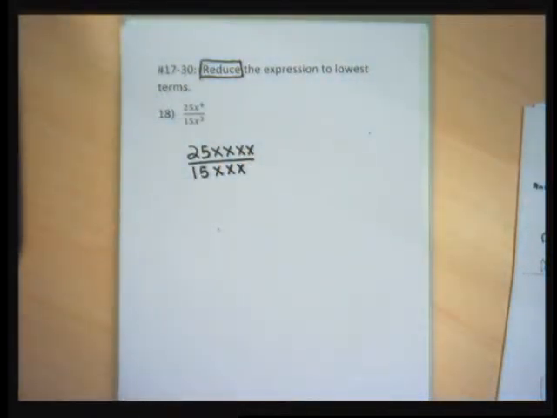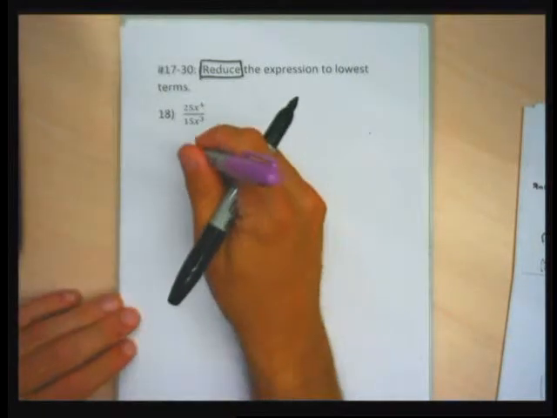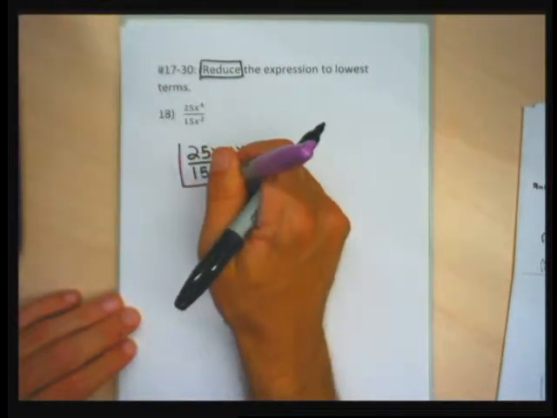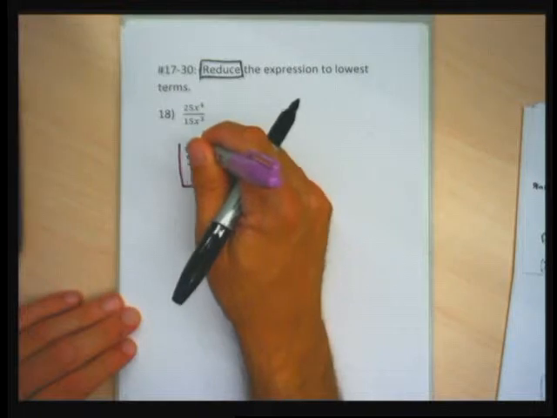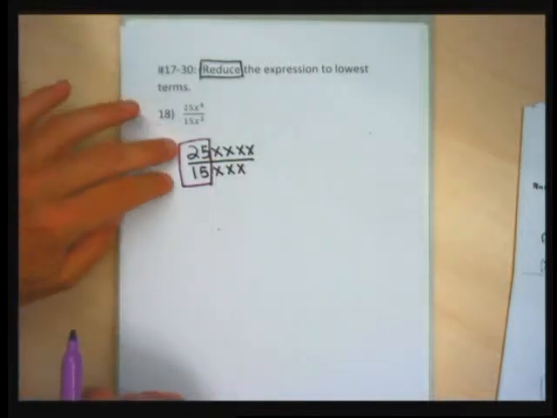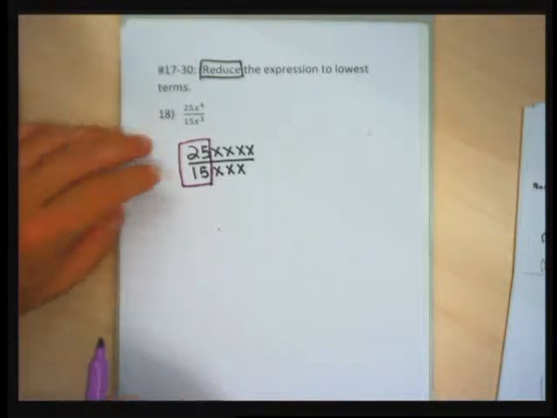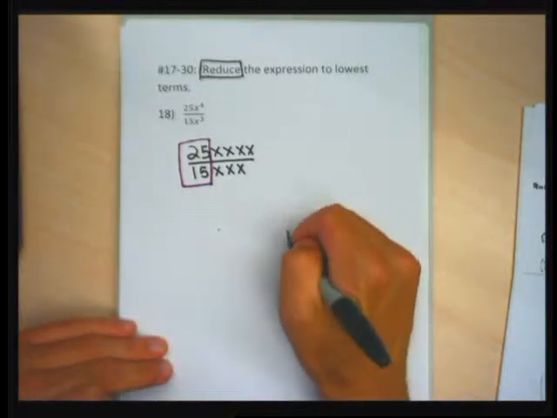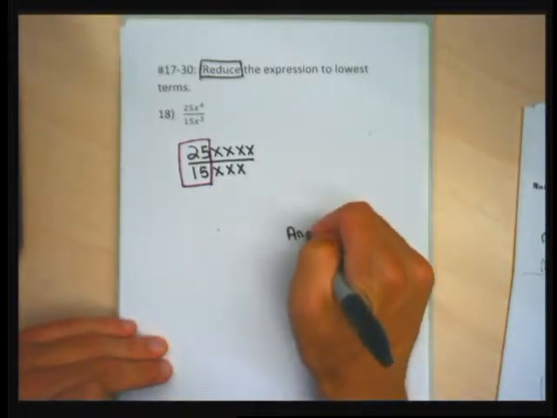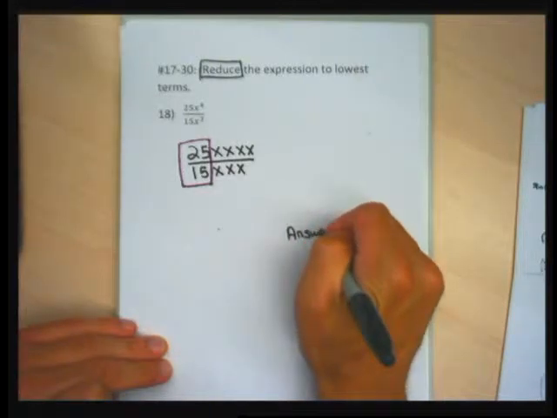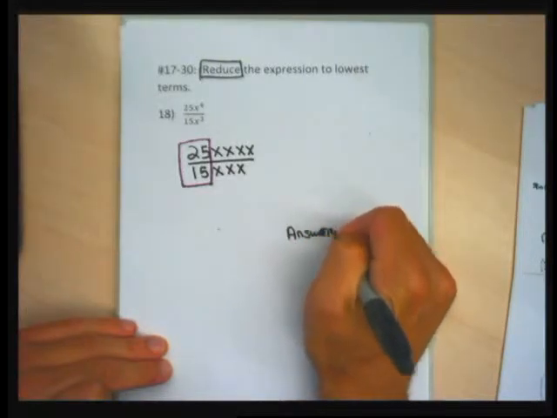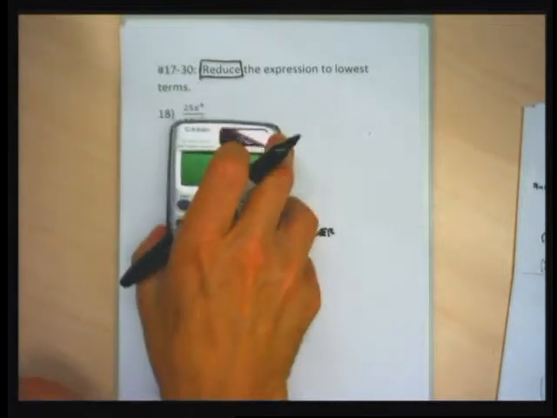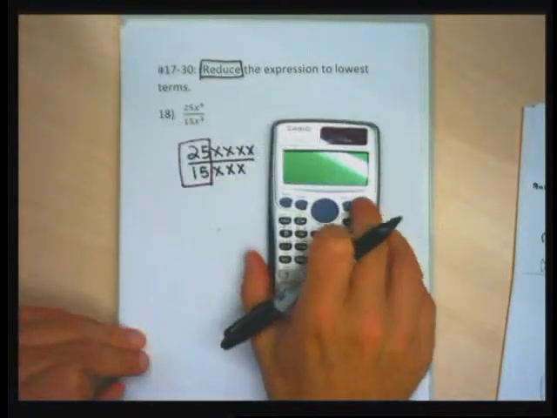So now that I have the problem written without the exponents, I'm going to reduce each kind of like term. So I'm going to reduce the 25 over 15 as a fraction. 25 over 15 reduces by 5, and I'm going to reduce the 25 by 5 and the 15 by 5. If you want to be lazy, this calculator will reduce fractions for you.